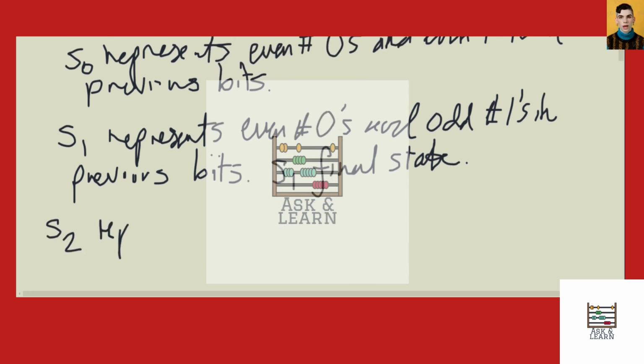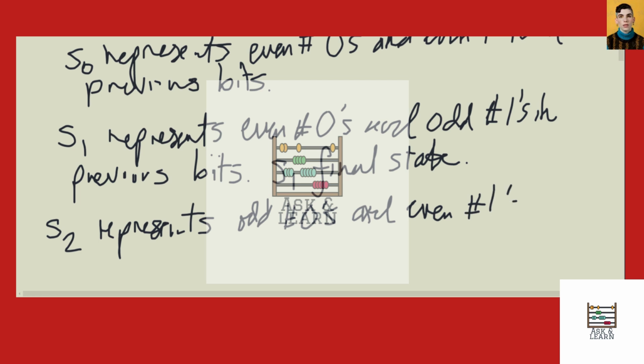S2 represents there are an odd number of zeros and an even number of ones in the previous bits. Clearly, this is not a final state.